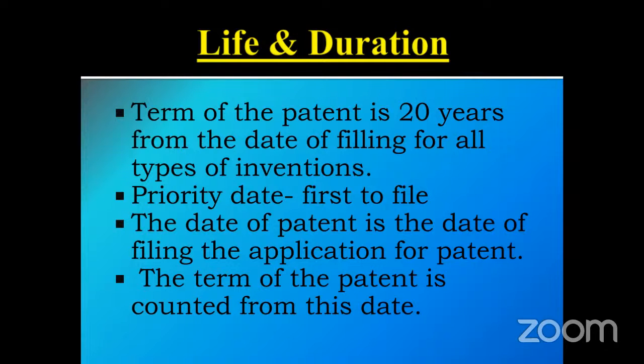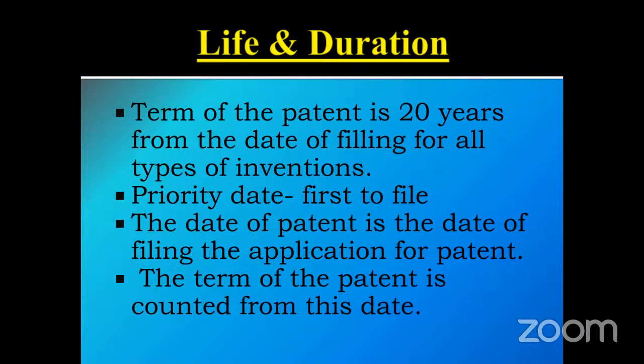The inventor will have the exclusive right on that invention or innovation for 20 years from the date of filing. If I file it on the 1st of January 2019, then it will be valid till 31st of December 2038, which means 20 years of time. So time starts when you file that patent.